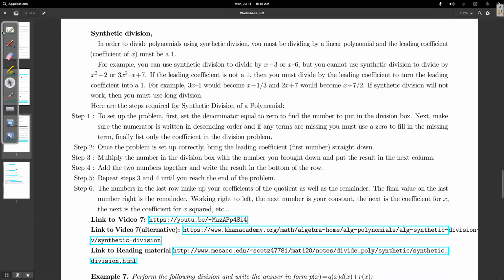That one can be done when the degree of the dividing term, or the denominator, is 1, and the leading coefficient of the divisor is 1.